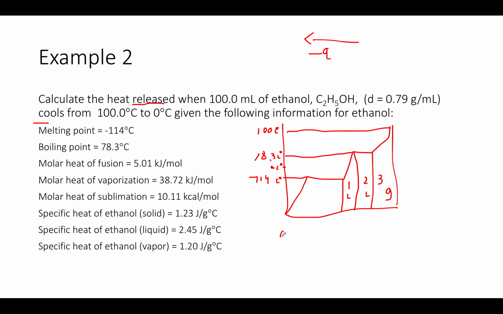Q1 will equal mass times the specific heat times delta T. We have a change in temperature. Q2 will equal the mass times the heat of condensation.